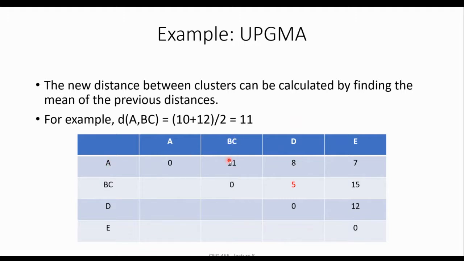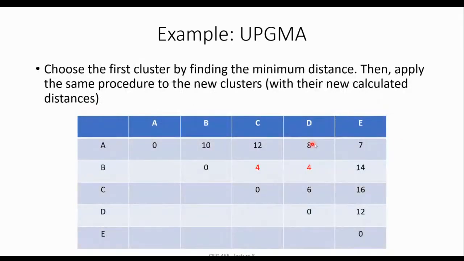So here, the scores that I find for this column and this row, they should be updated. The rest are the same. For example, for AD, if I have 8 here, it means that I had 8 in the previous one. Okay. For these ones, we don't have any change. Look at this one.